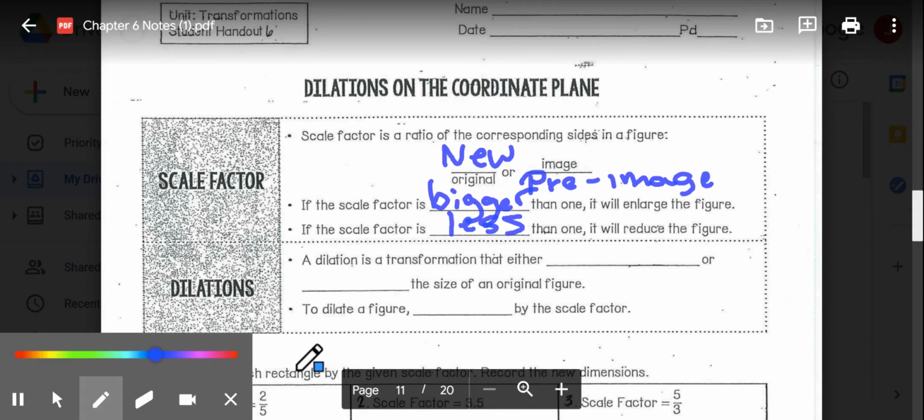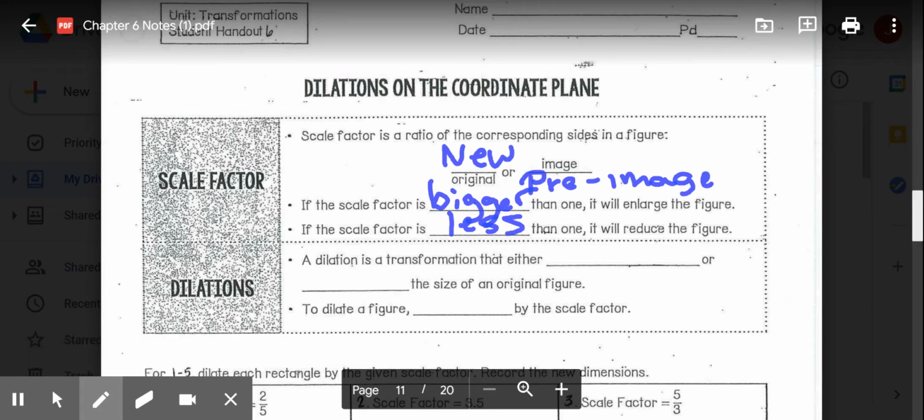A dilation, hopefully we remember this, is a transformation that either enlarges or reduces the size of an original figure. So enlarge, of course, means to make bigger. Reduce means to make smaller. So a dilation is changing the size of the image.